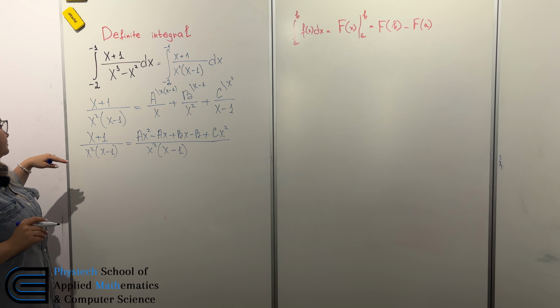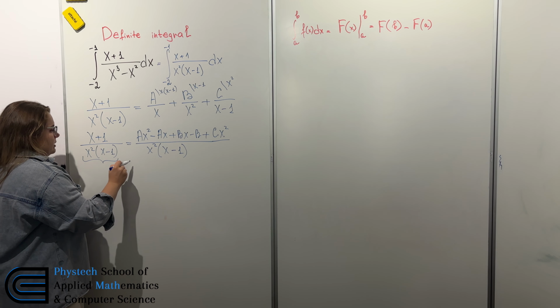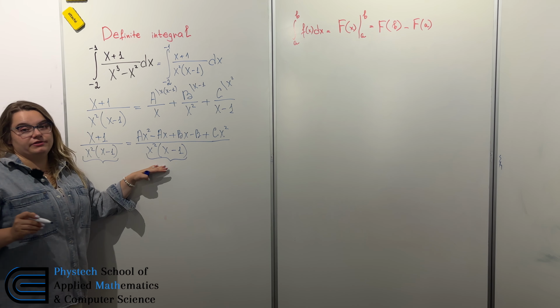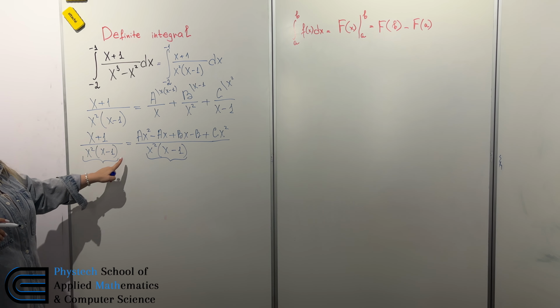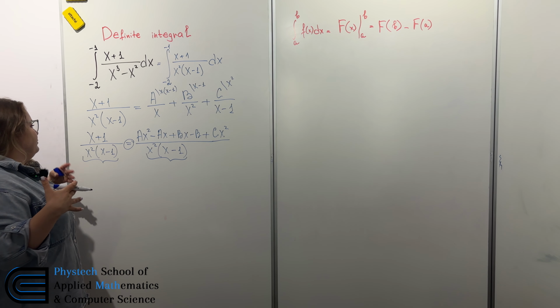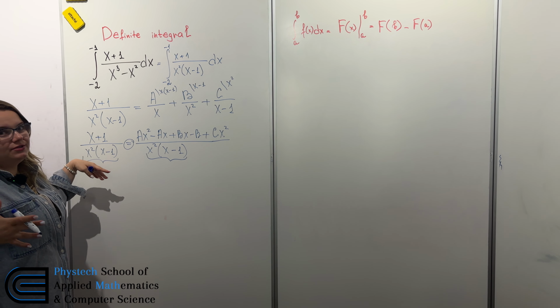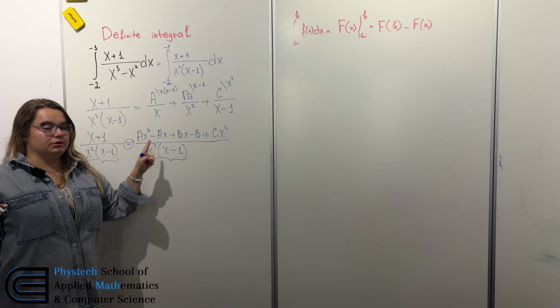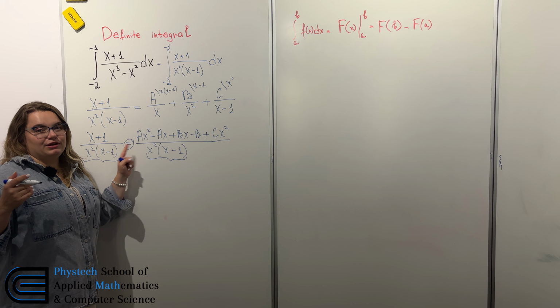So we can see that our denominators are the same, so our numerators should be the same too, because here we have equality.